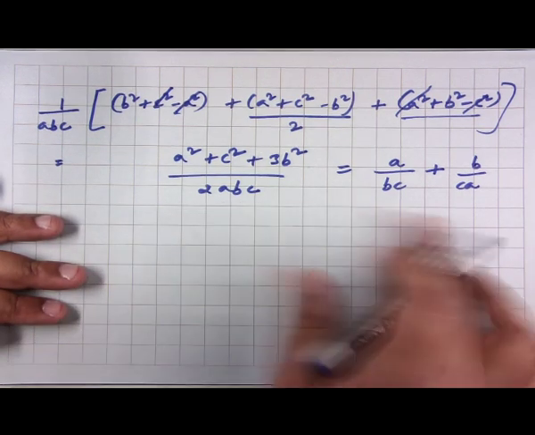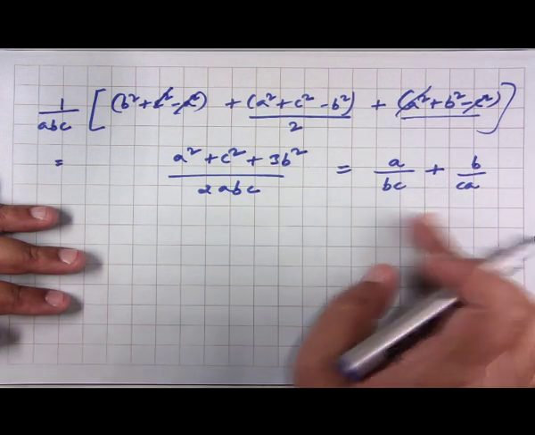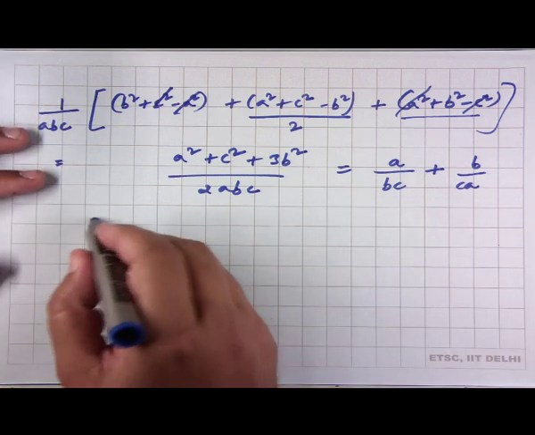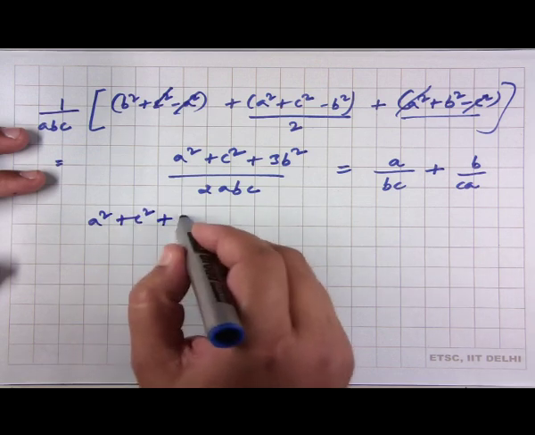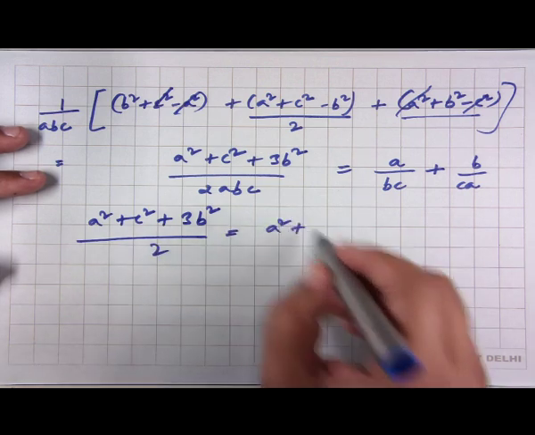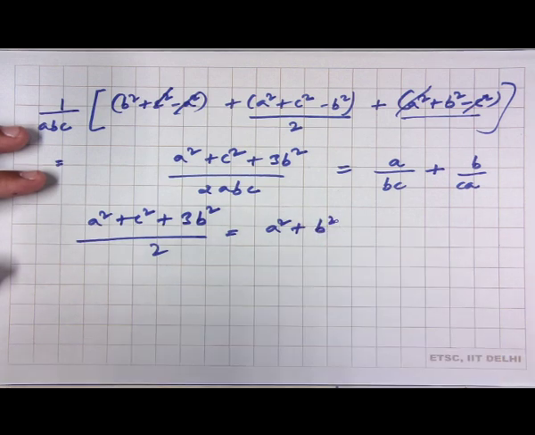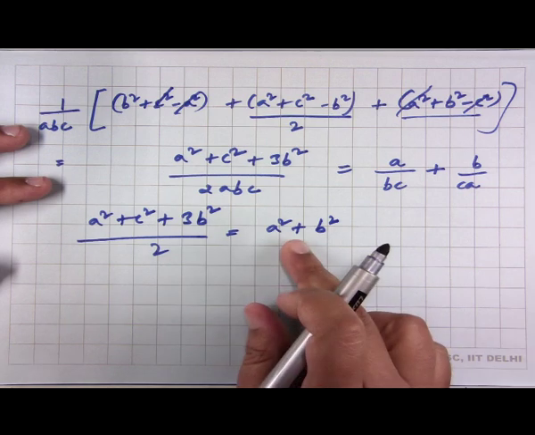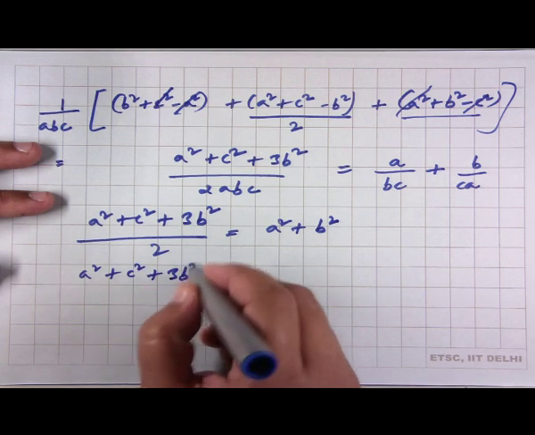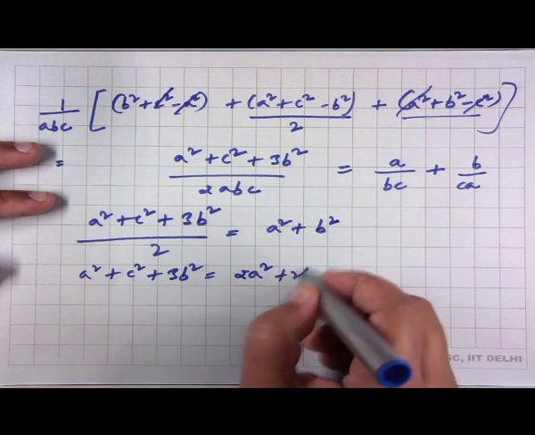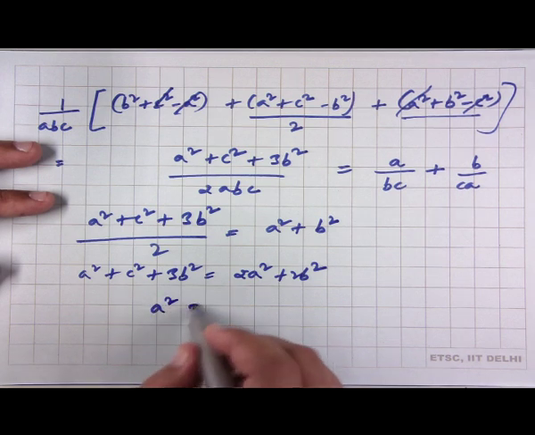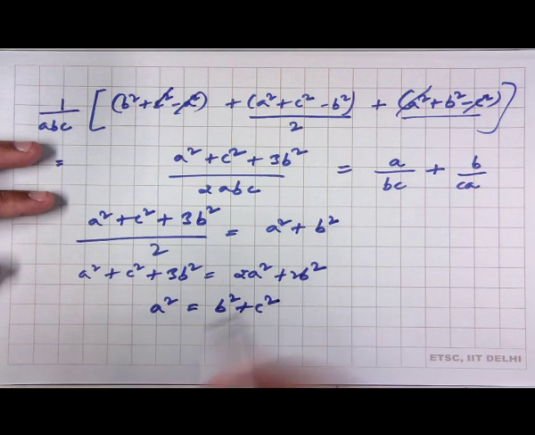So, by multiplying both the left hand side and the right hand side by ABC, what we eventually get is A square plus C square plus 3B square over 2 equals A square plus B square, and therefore, if we also multiply by 2, what we get is A square plus C square plus 3B square is 2A square plus 2B square, and therefore, what we eventually get is that A square is equal to B square plus C square.